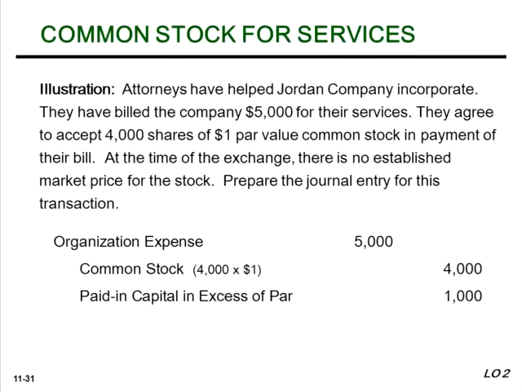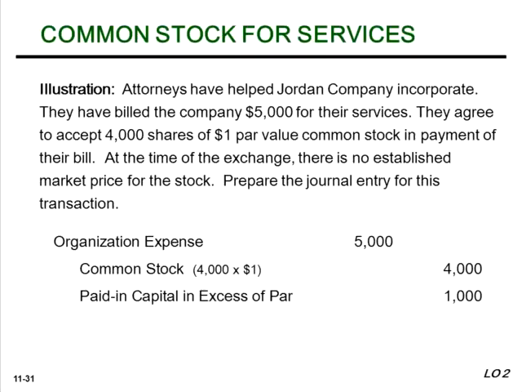So here's an example. Attorneys have helped Jordan Company incorporate. They have billed the company $5,000 for their services. They agree to accept 4,000 shares of $1 par value common stock in payment of their bill. At the time of the exchange, there is no established market price for the stock.